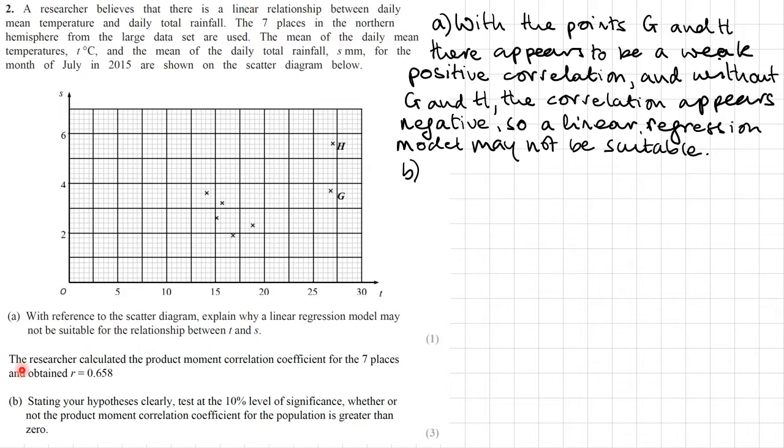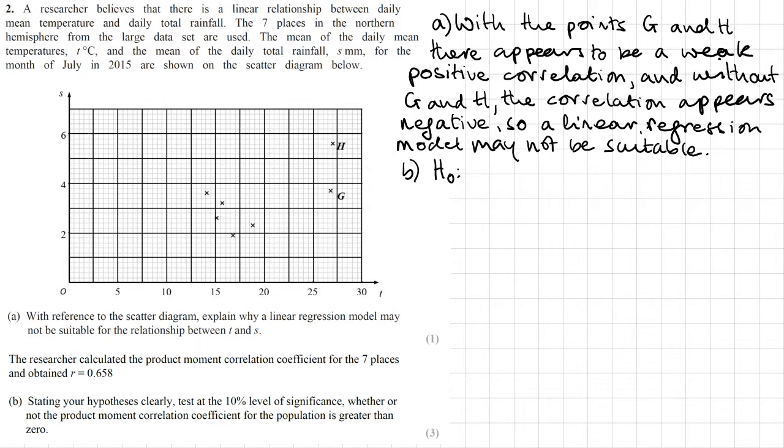Okay, part B. The observer calculated the product moment correlation coefficient, the PMCC, for the 7 places and obtained 0.658. Part B. Stating your hypothesis clearly, test at the 10% level of significance whether or not the PMCC for the population is greater than 0. So this is a hypothesis test for 0 correlation.